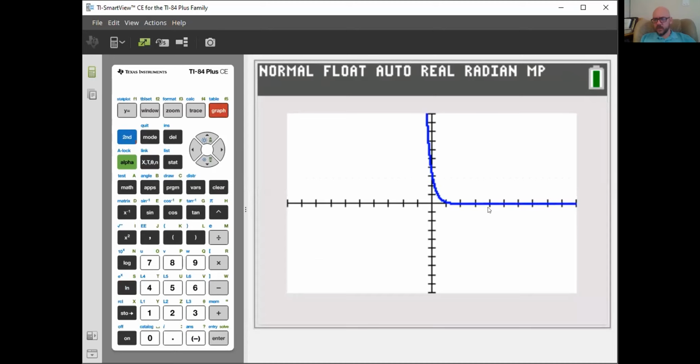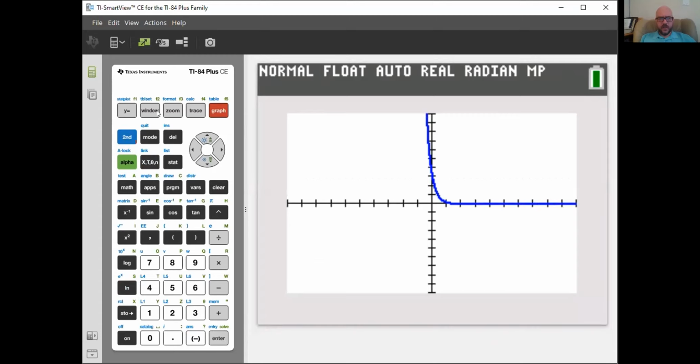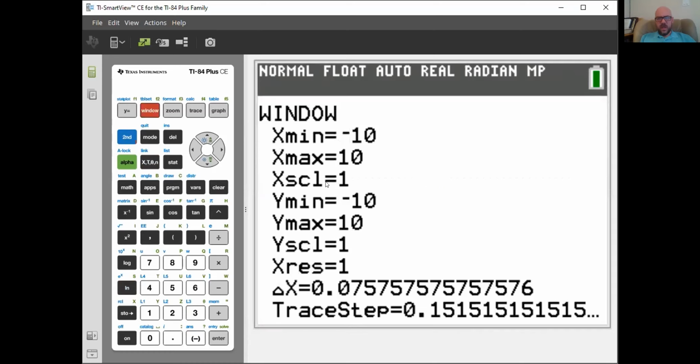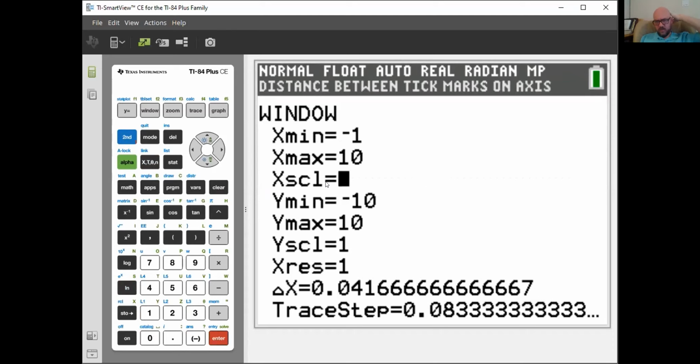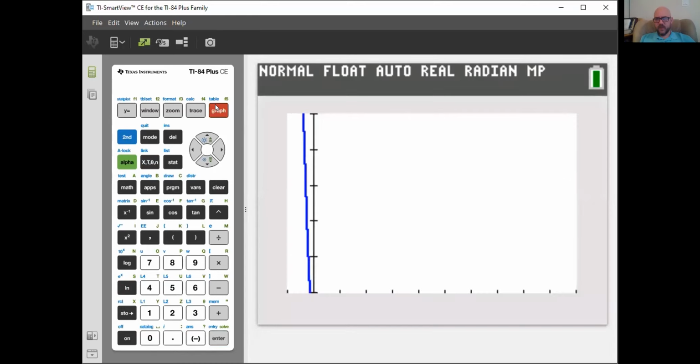It looks like it goes below the axis, but it never does. In fact, let's set our window: I want x to go from -1 to 10, and y from -1 to 5. Graph that.